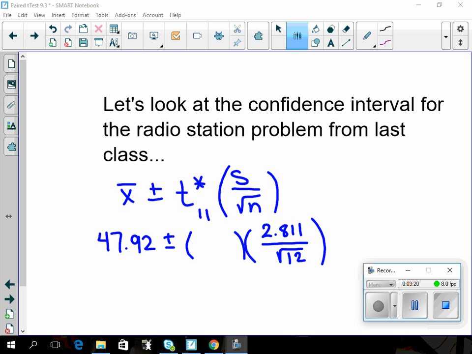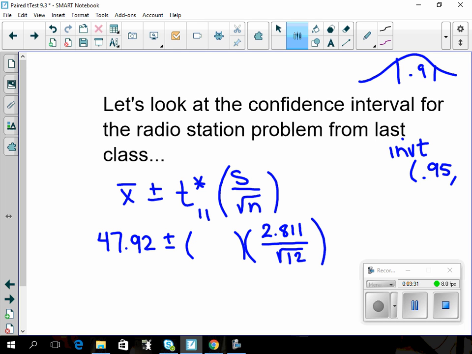If you remember, you put that in the middle, 0.9. Each of the tails is 5%. So we're going to do inverse t of 0.95, because it's all the middle plus one of the tails. And then we have to tell it the degrees of freedom, which in this case is 11. Do you agree? All right.